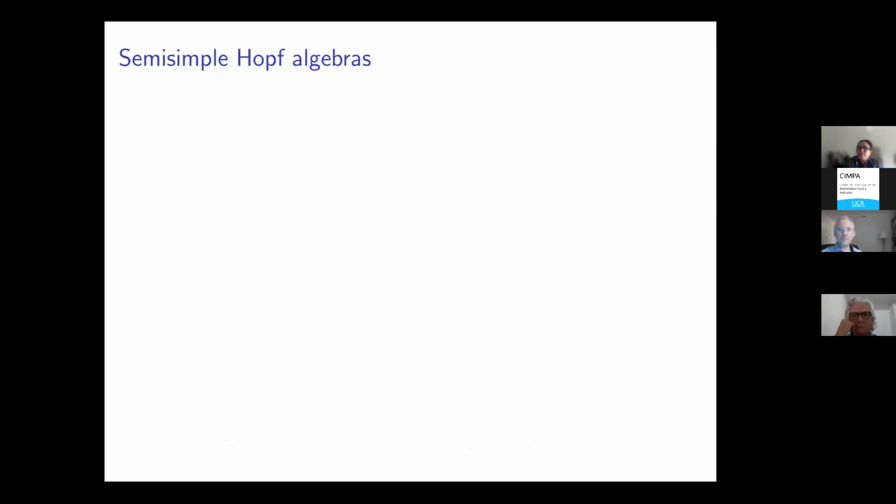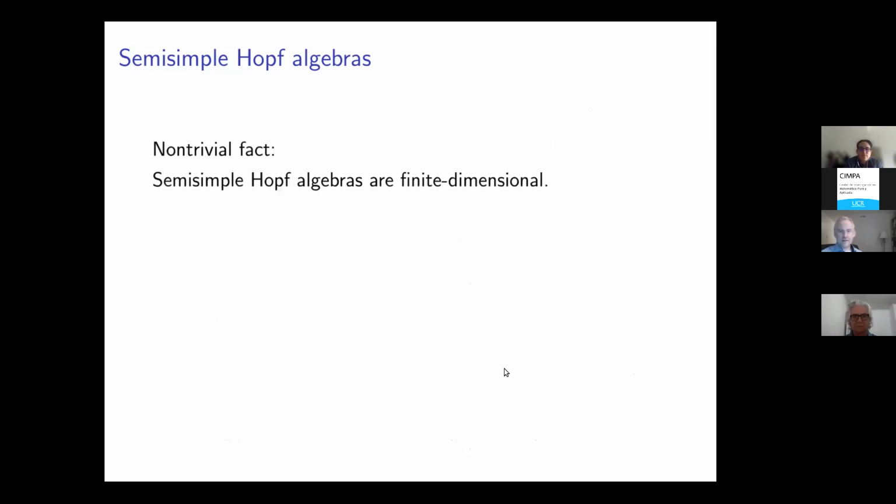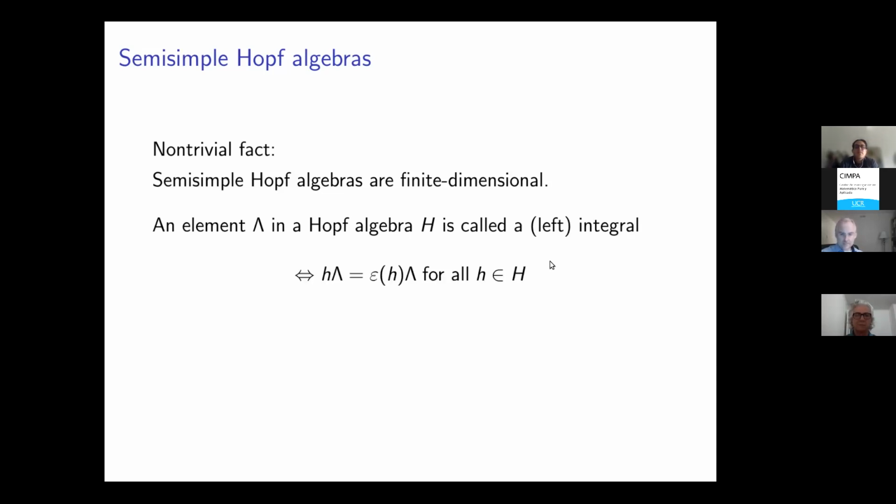Another line of development was the questions on semisimple Hopf algebras, which is more my research area. It's not completely obvious, but true, that a semisimple Hopf algebra is automatically finite dimensional. An element in a Hopf algebra in general is called a left integral if it reproduces itself under left multiplication.